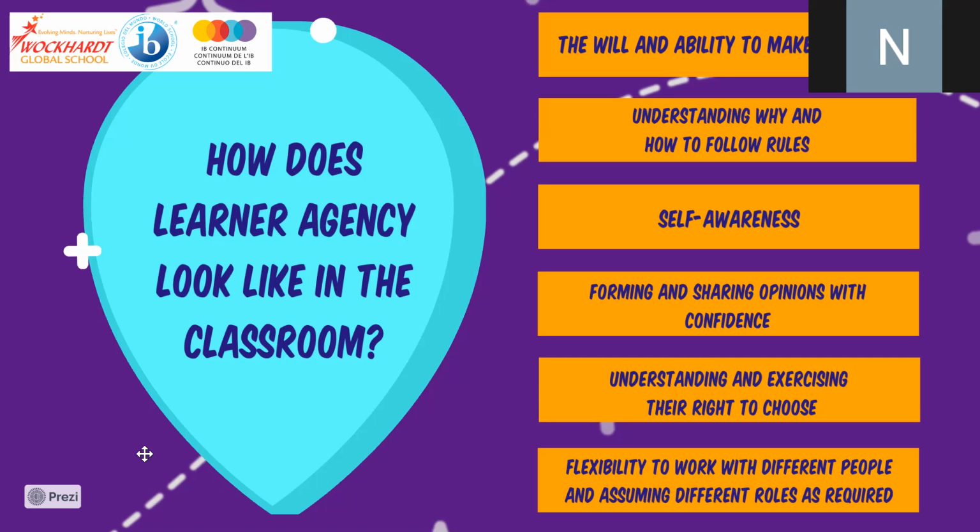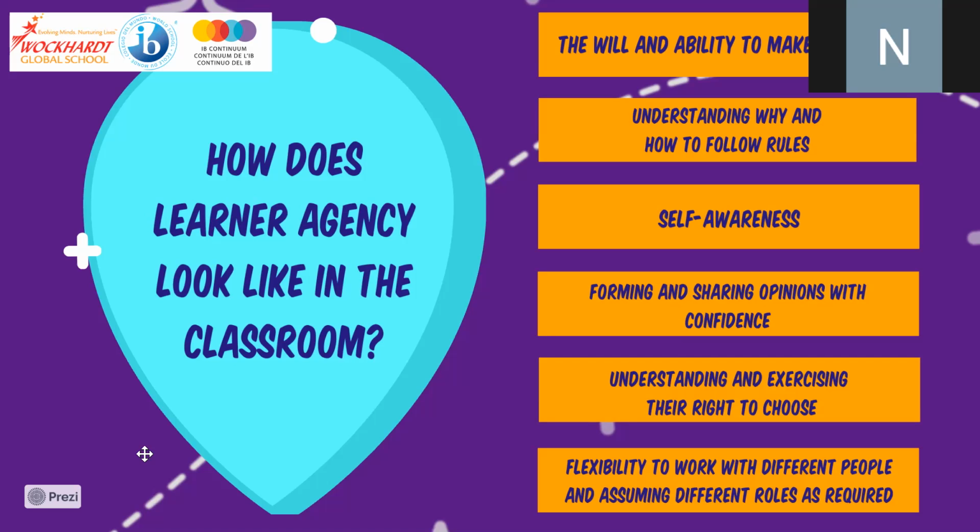And most importantly, in an agentic classroom, the learner has to have self-awareness. The learner needs to know what strengths and weaknesses I have and how I can overcome those weaknesses, how I can play up my strengths so that my learning today in the classroom is the best that I can get.